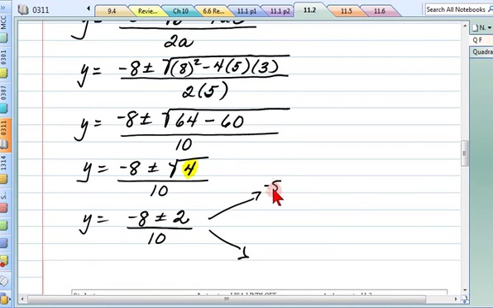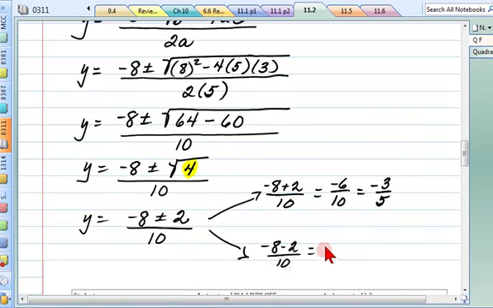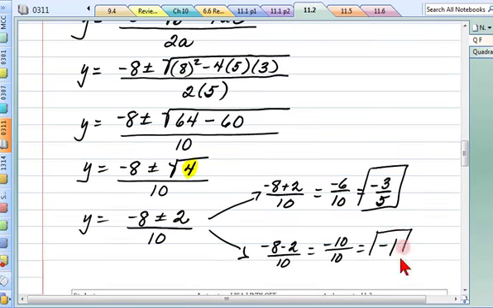One of the answers is negative 8 plus 2 over 10, which gives me what? Yes, starting out it's negative 6 over 10, but that reduces to negative 3/5. The other answer, negative 8 minus 2 over 10, is negative 10 over 10, which is negative 1. In MyMathLab, you would give those two answers separated by a comma.